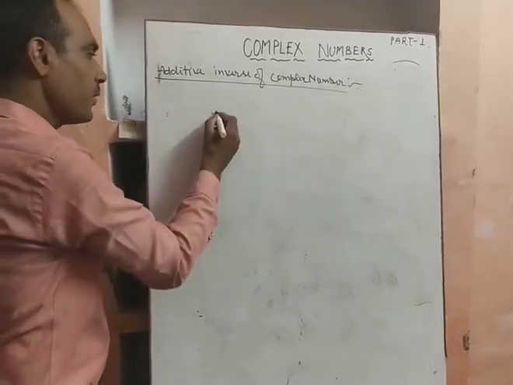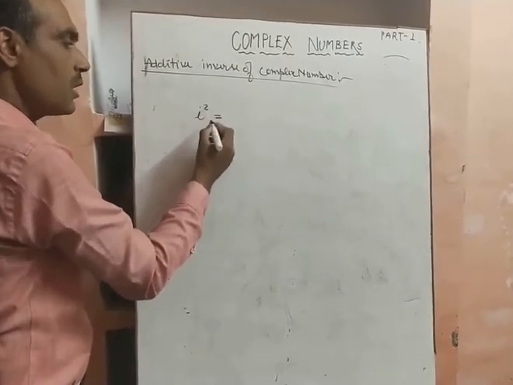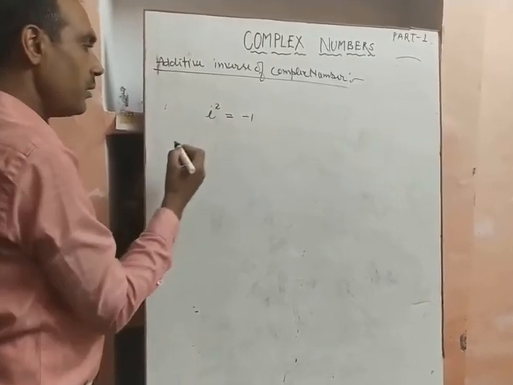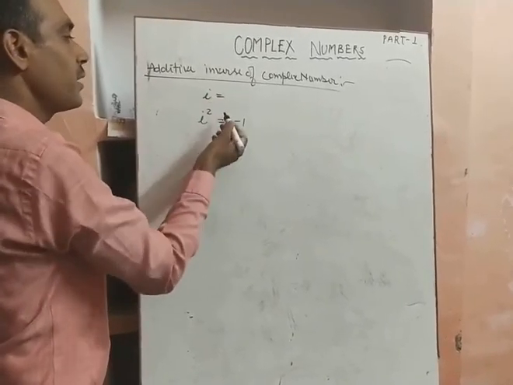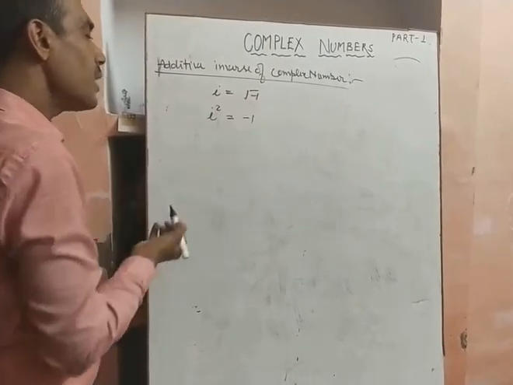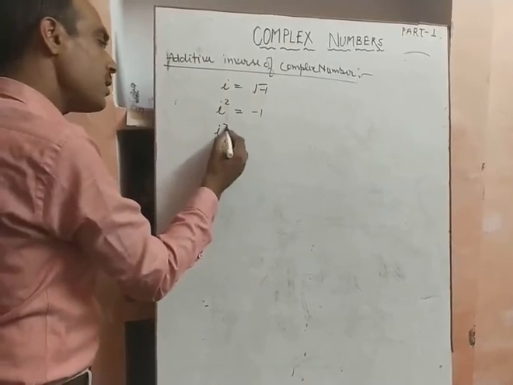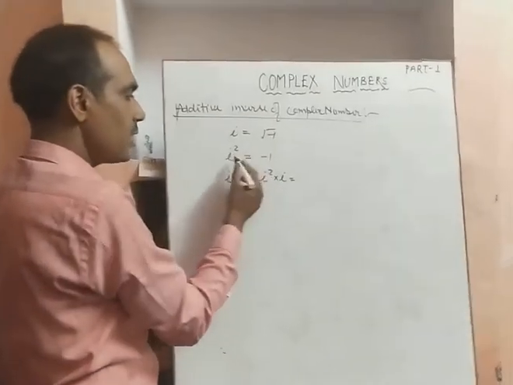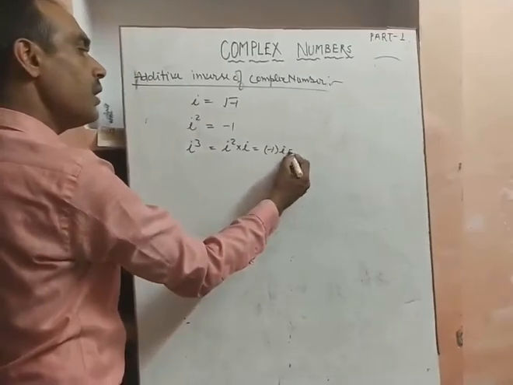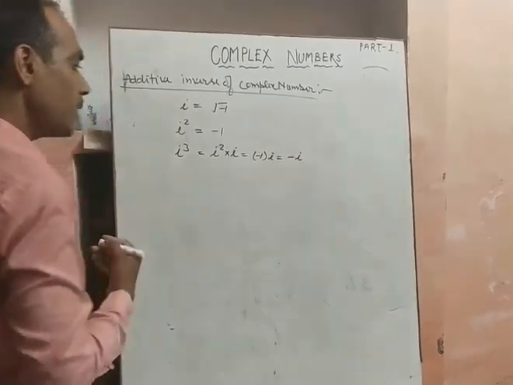We know i square is equal to minus 1, and if anyone asks what i is, it is the square root of minus 1. I cube means i square into i, which is minus 1 into i, so this is equal to minus i.